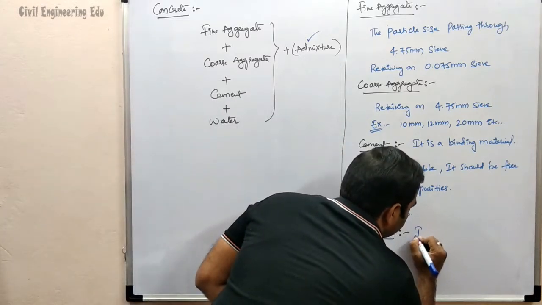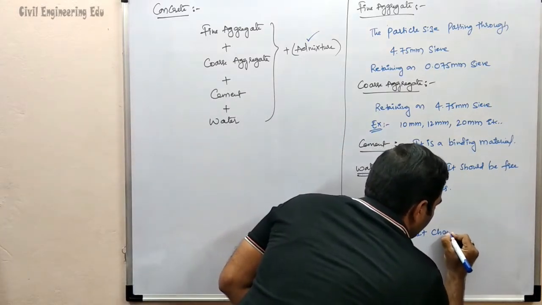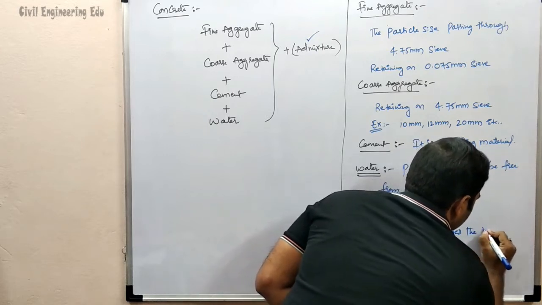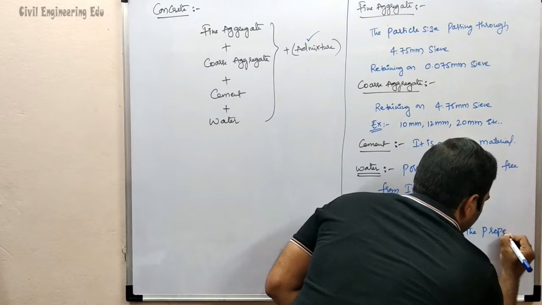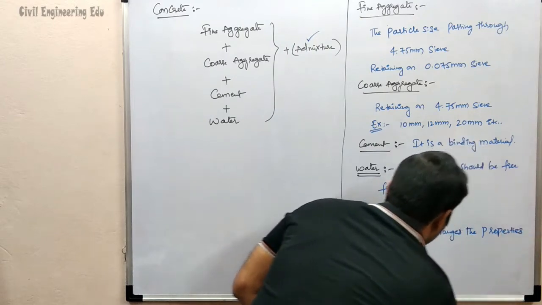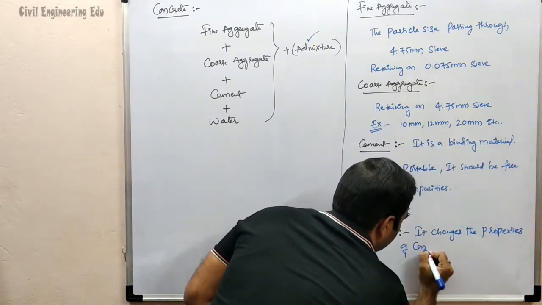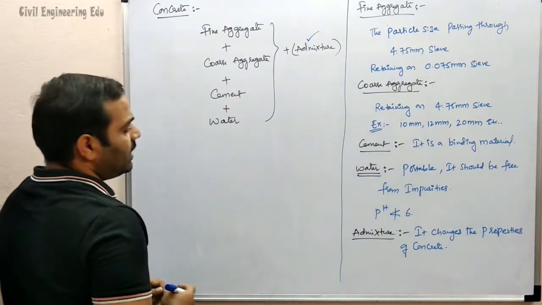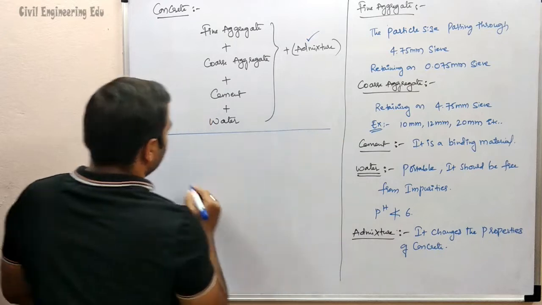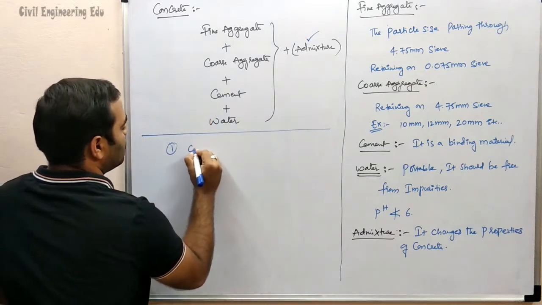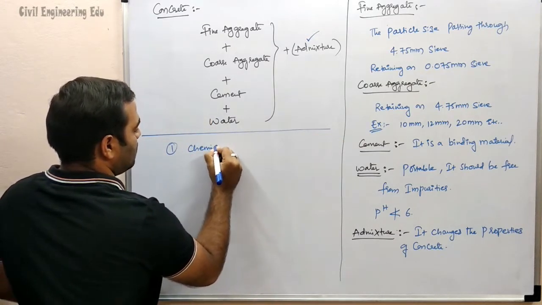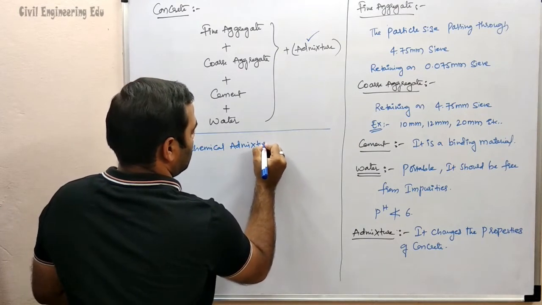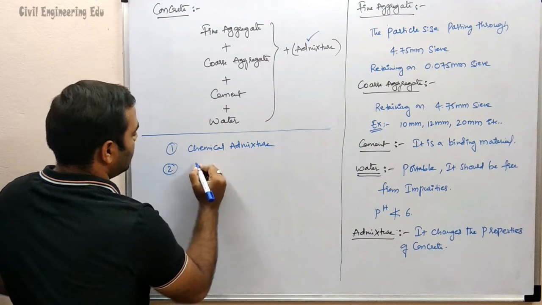So it changes or alters the properties of concrete. So admixtures are of mainly two types. First one is chemical, second one is mineral admixture.